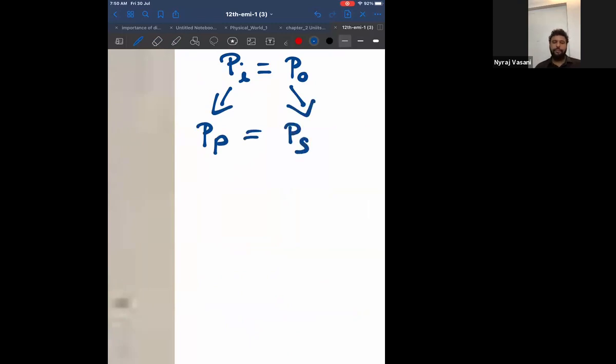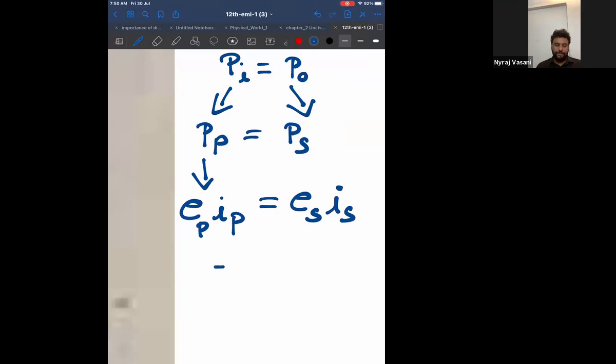The general formula for power is voltage into current, that is E into I. Therefore, power of the primary, E of primary into I of primary, is equal to E of secondary into I of secondary. Correct? Therefore, I get EP IP is equal to ES IS.